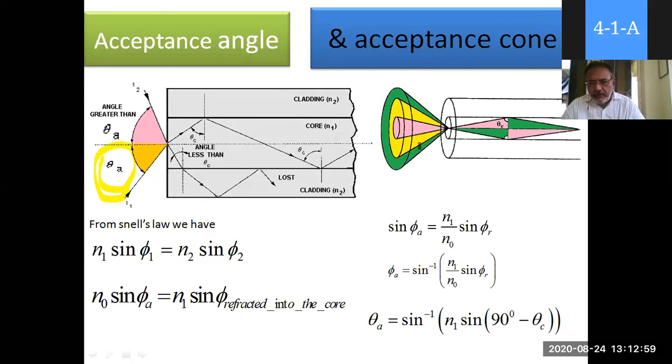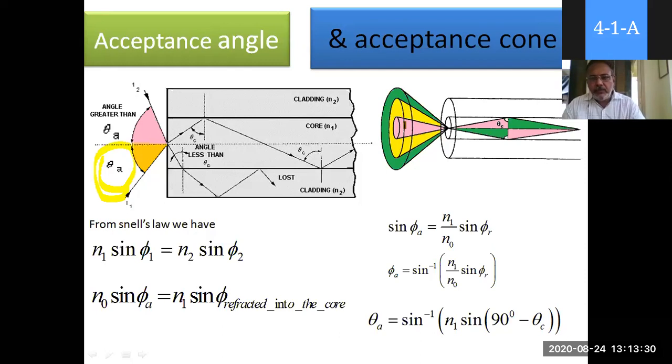So that means we are discussing the numerical aperture versus the acceptance angle. If you observe the pink shaded cone, it is clearly visible that theta A, the acceptance angle, is smaller when compared to the yellow cone.